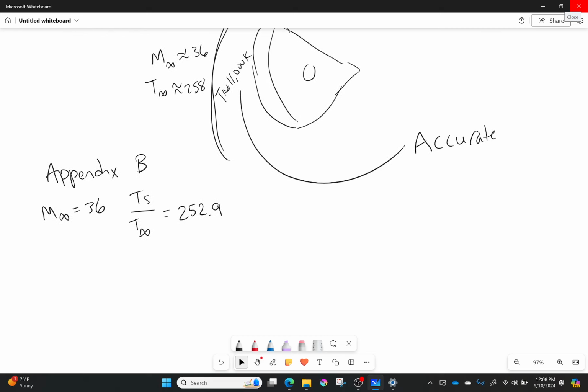And if we were then to calculate it, we would get that Ts, that's T surface right here, would be somewhere around 65,248 Kelvin.